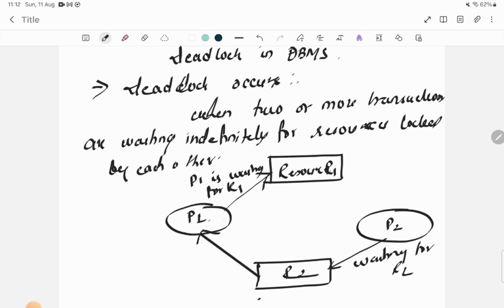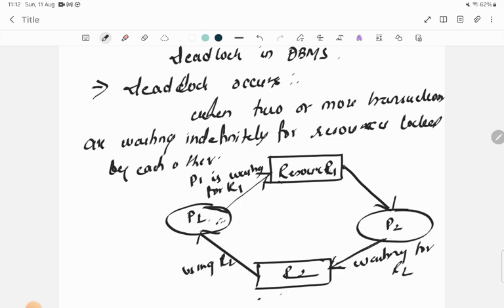It means that this P1 is using this R2, but P2 has been waiting for the same R2, which has been acquired by P1. Now, in order to complete its task, P1 wants the resource R1. It is waiting for R1, but this R1 has been acquired by P2.